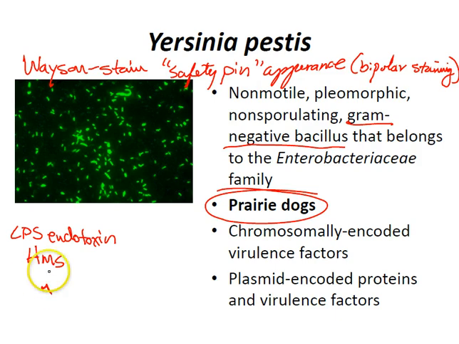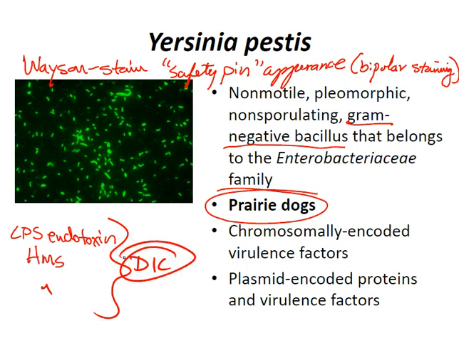Now, the LPS activates macrophages, which release their IL-1, their TNF-alpha, and their NO, which activates the what? The alternative complement pathway, and activates Hageman factor, or coagulation factor 12, that can eventually lead to, you got it, DIC. Very good, DIC. That's the chromosomally encoded virulence proteins.